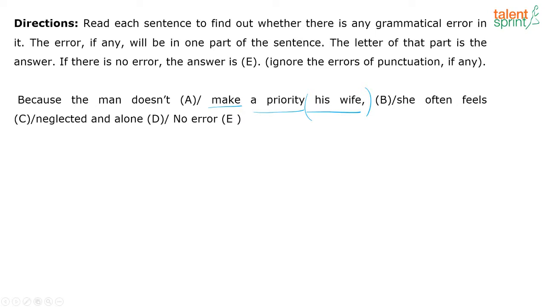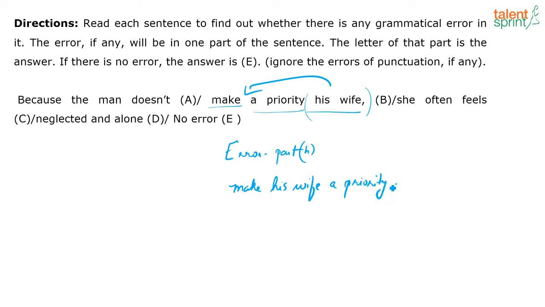You're right that the error is in part B, but this is an error pertaining to word order. Make who a priority? Make his wife a priority. All you're doing is interchanging this. Because the man doesn't make his wife a priority, she often feels neglected and alone.